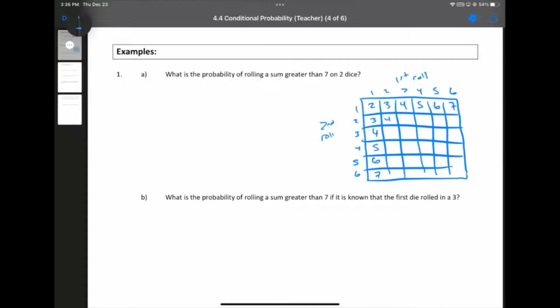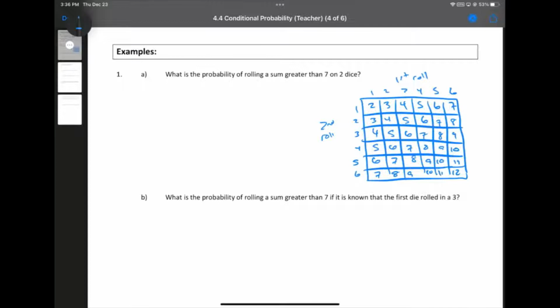And again, how you fill in this table is completely up to you. I kind of jump around because I've drawn so many of them. And just a little bit later, we're done. There we go. Okay, what is the probability of rolling a sum greater than 7 on 2 dice?